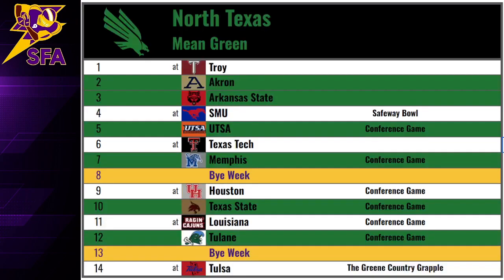All right, now we got North Texas, Coach D. Sleep starting out the season at Troy, then versus Akron, versus Arkansas State, so some big-time users, and then you immediately face SMU and UTSA. Oh my god, this first 5 weeks is against 5 prominent user teams. That is a fantastic schedule.